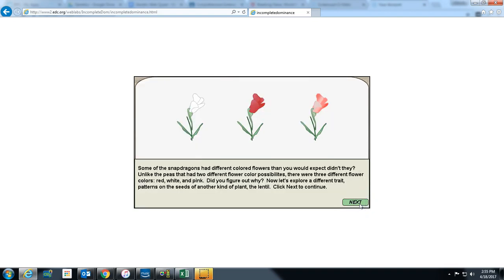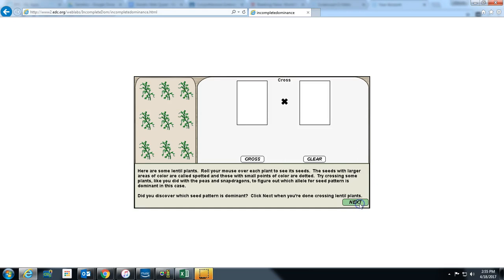Some of the snapdragons had different colored flowers than you would expect, didn't they? Unlike the peas that had 2 different flower color possibilities, there were 3 different flower colors, red, white, and pink. Did you figure out why? So this is where the vocabulary comes in. And the 3 main themes we're thinking of in this are dominance, incomplete dominance, and codominance. So we're going to see what we think the snapdragons were.